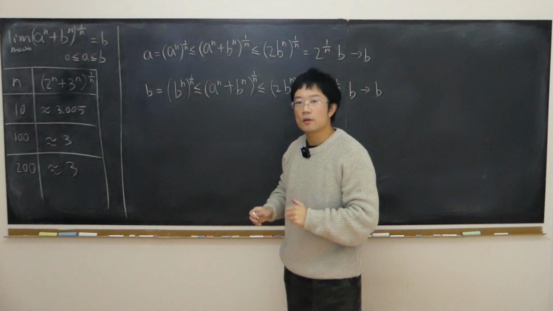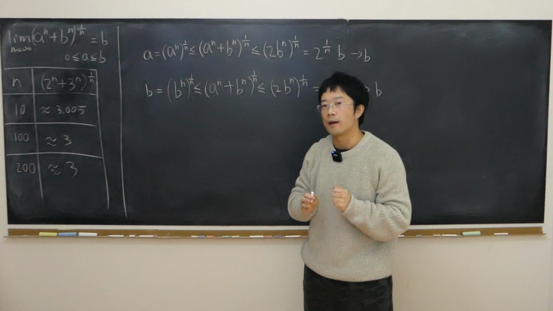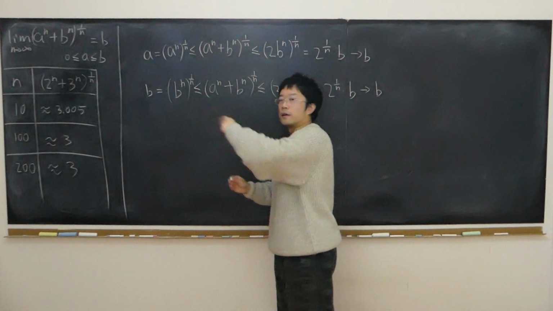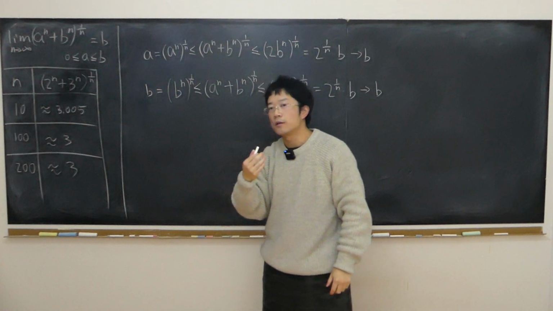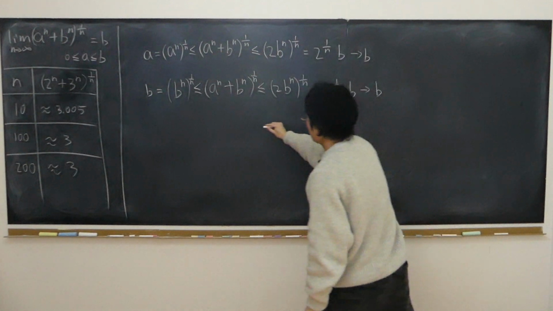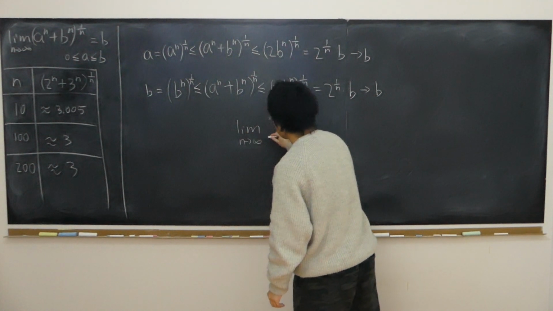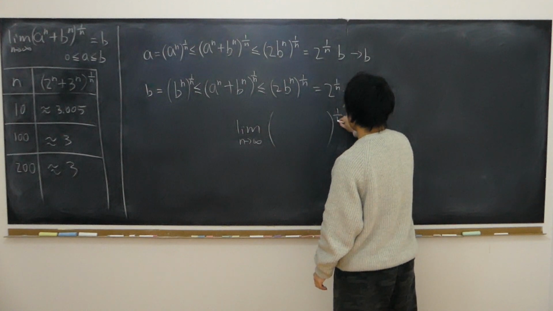And for those of you who watched a previous video of mine, you probably realize that this is actually a discrete version of a previous continuous version of a similar type of question, which looks something like this. The limit as n approaches infinity of the quantity to the power of 1 over n.